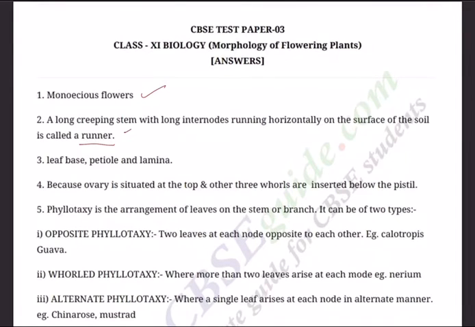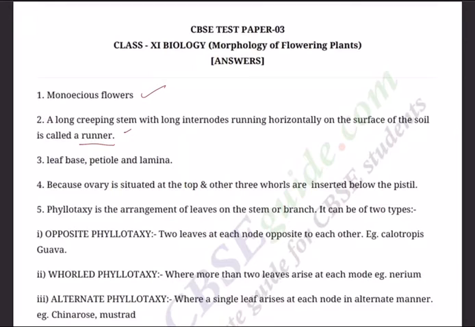Even if you don't keep any support for jasmine, for example mallige, it will start running flat on the ground. So you keep a dry stick for support, and taking the support of it, it becomes a climber. Similarly, money plant, you must have observed. So we need to keep a support.